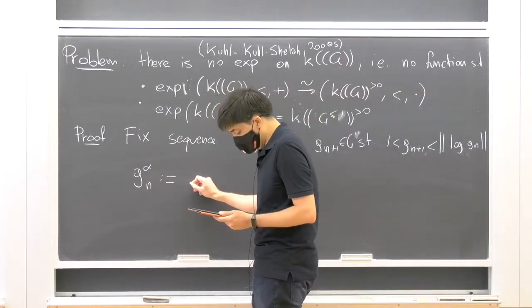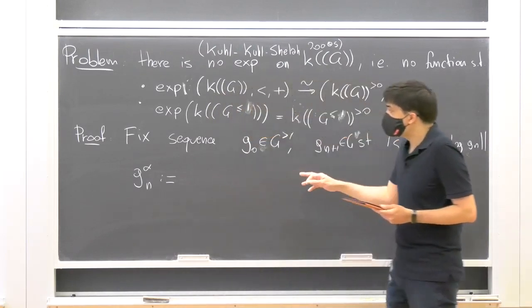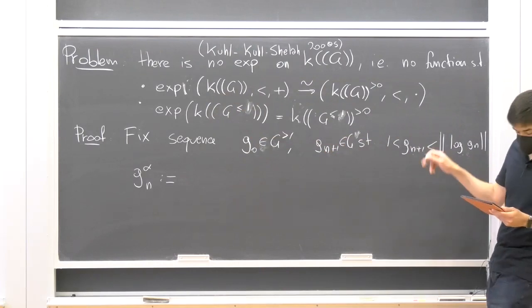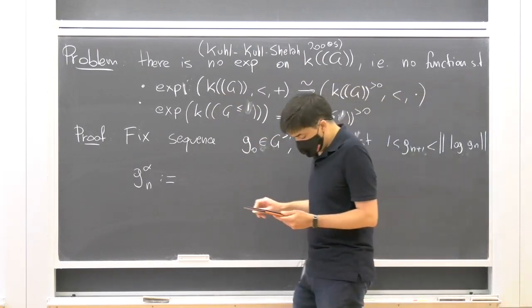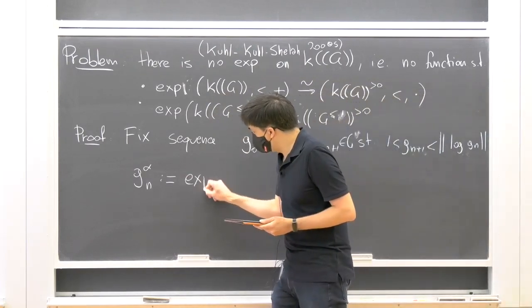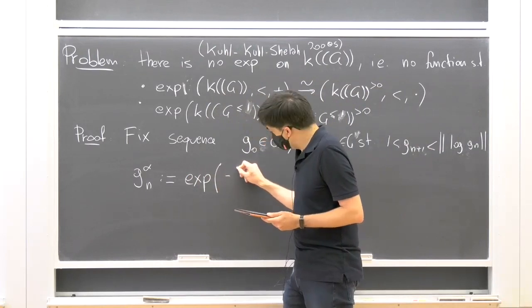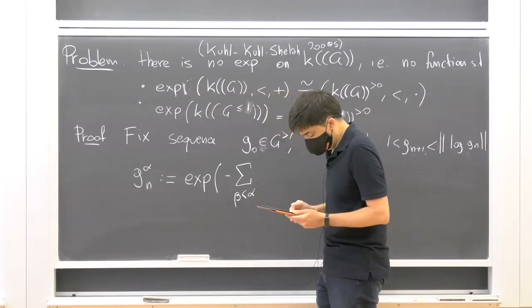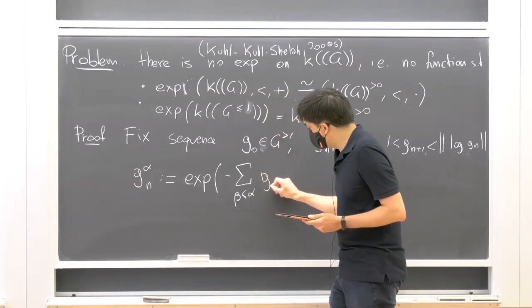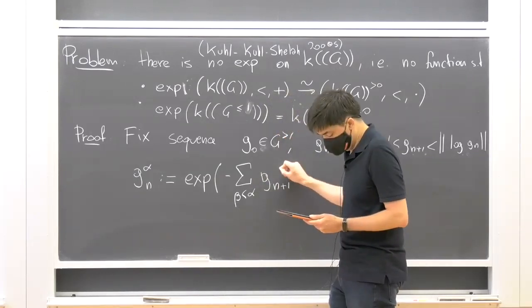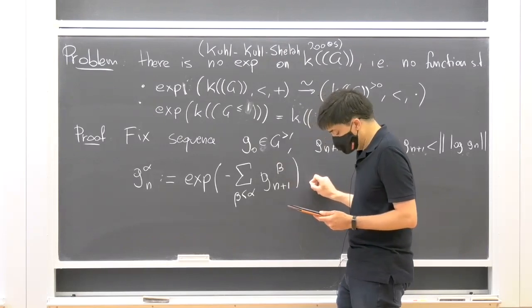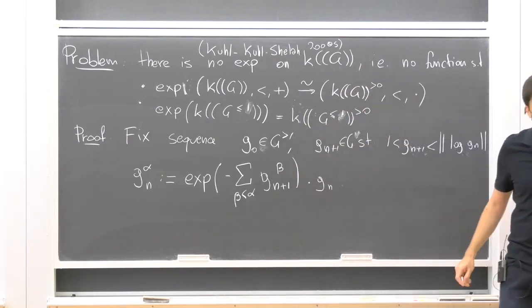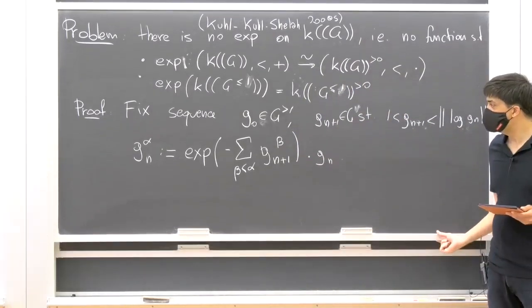The argument is: suppose that there is an exp doing this, and now I take exp of minus the sum over β less than α of g_{n+1}^β times g_n.